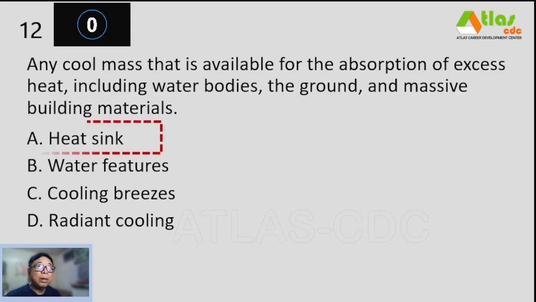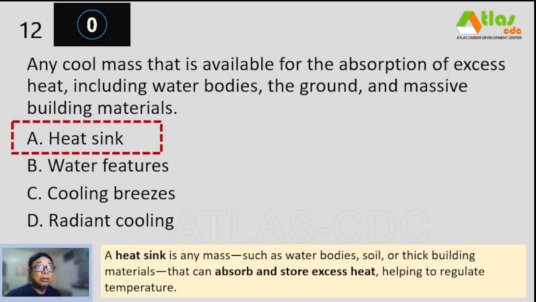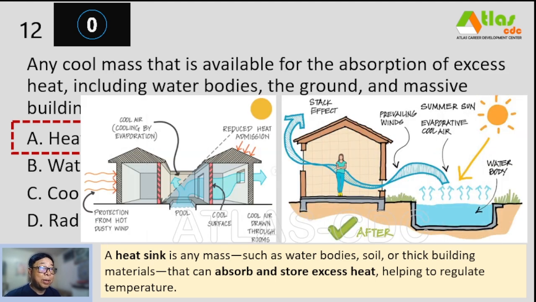And our correct answer is letter A, heat sink. So a heat sink is any mass such as water bodies, soil, or thick building materials that can absorb and store excess heat, helping to regulate temperature. So magandang strategy is to put a water body near a building, on the side where the prevailing wind comes from, no?